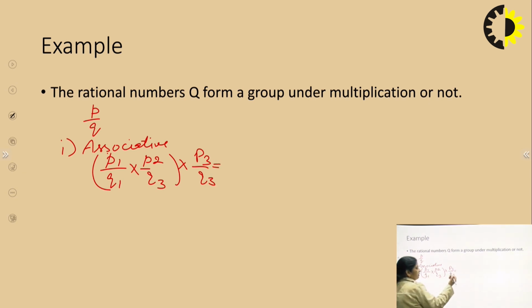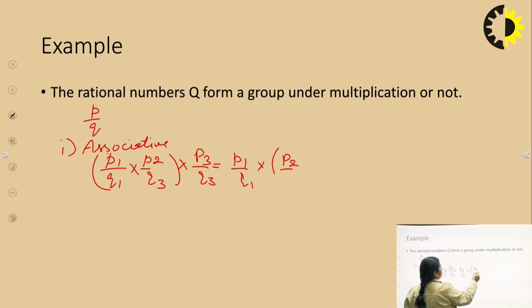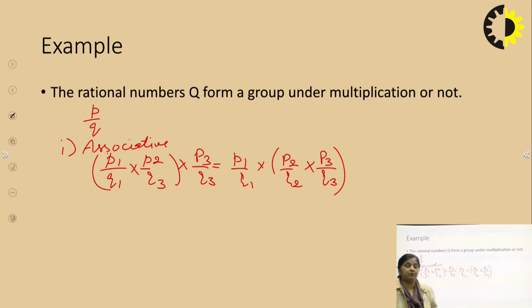If we multiply the first two and then the third, or multiply P2 by Q2 with P3 by Q3 first, we'll get on both sides P1 P2 P3 divided by Q1 Q2 Q3. So this follows the associative property.